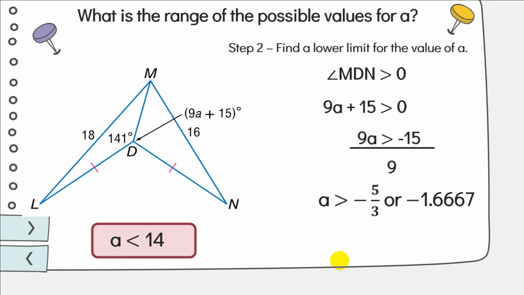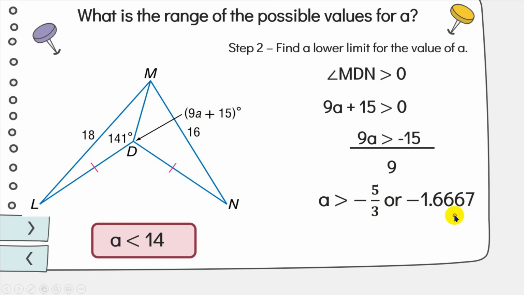Eh, yung kanina naman sa first example, may negative din, hindi natin tinanggap. Kasi nga po, yung kanina dun sa first example is, meron tayong dalawang binomial na parehong may variable x. So, we have to consider each one another. Dito po ay, iisa lang yung may variable. So, pwede natin gamitin itong negative na ito. Kailangan mas malaki sa negative 5 over 3 or mas malaki kaysa sa negative 1.6667.